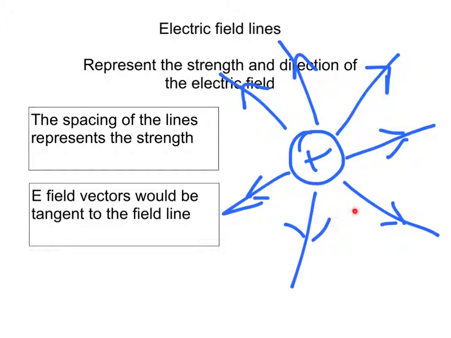So the spacing represents the field strength. The electric field vectors would be tangent to any field line that's curved. So if I had a field line that curved like this, the electric field at any point would be tangent to that curve, like that.